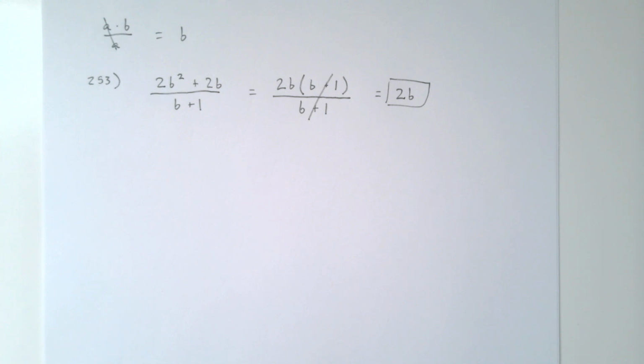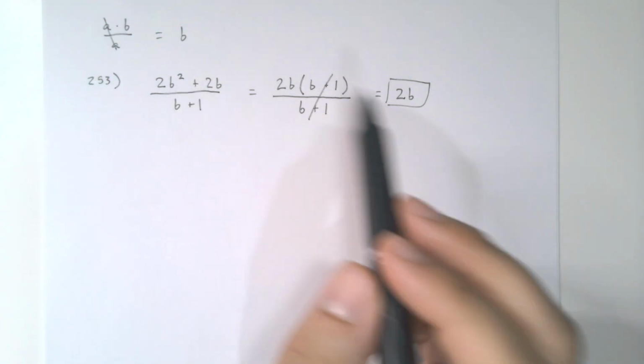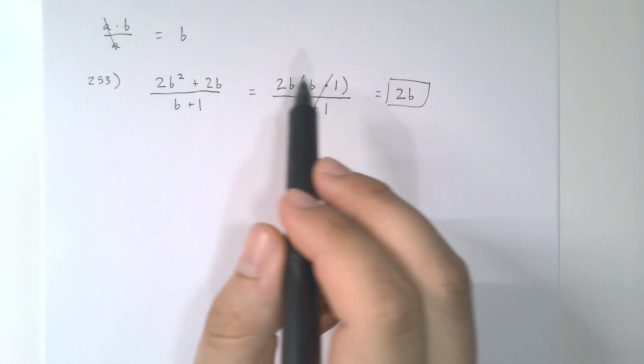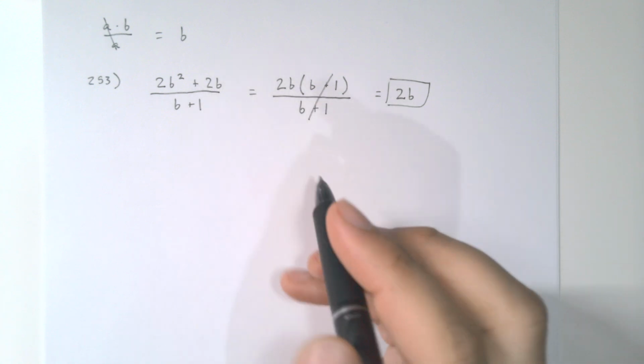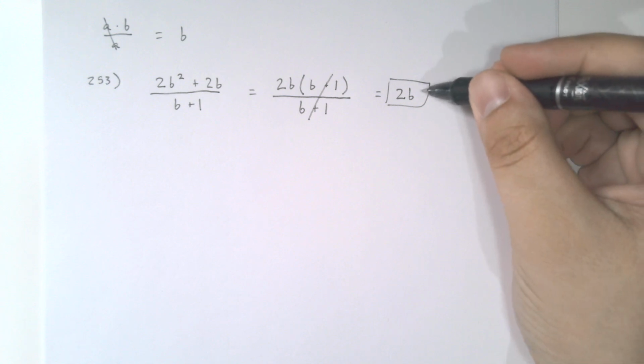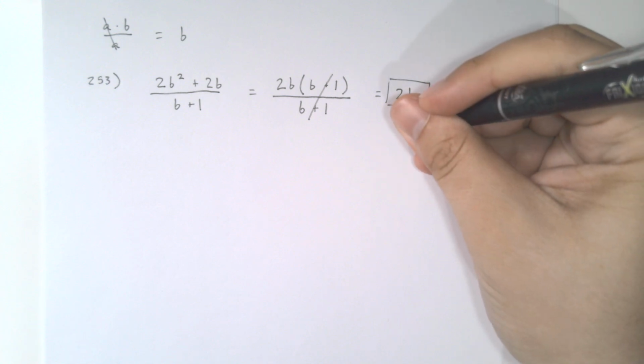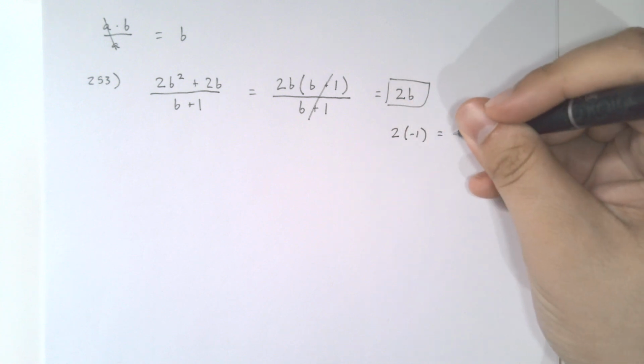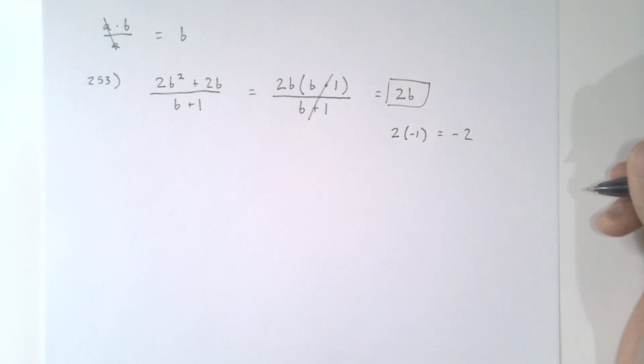Now I want to note that even though this is equal to this, that's not really the whole story here. Because what if I plug in, say, negative 1 into this? If I plug in negative 1, we have 2 times negative 1, and that's equal to negative 2. Okay, well, that's fine.